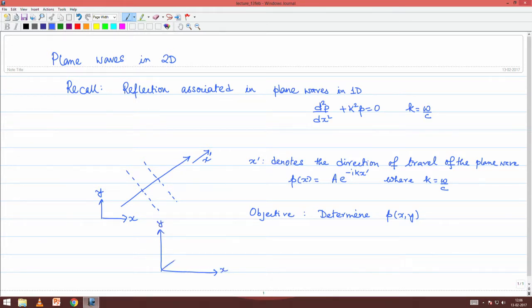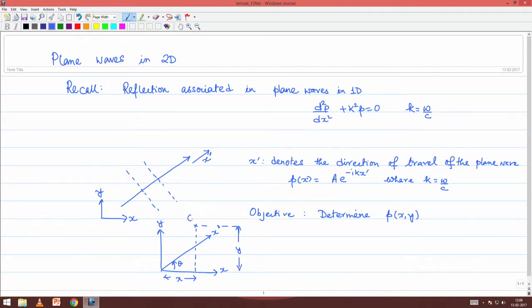So, if we have an x prime axis which is aligned, let us say, at an angle theta with the x axis, then if you look back at how we arrive at the transformation of any point. So, let us say this is a point of interest, this point will have an x value which is marked off here and the y value would be this, right.